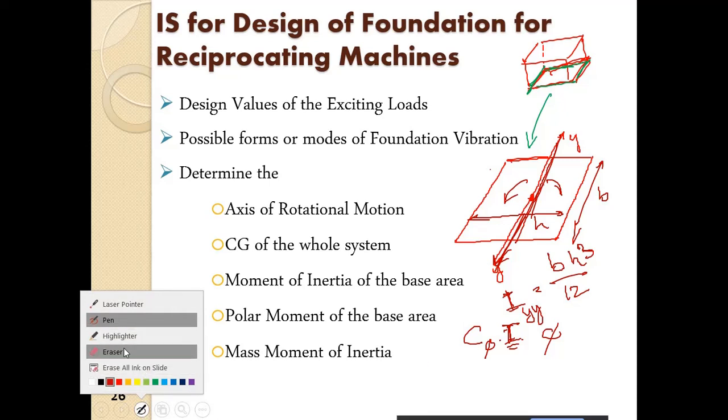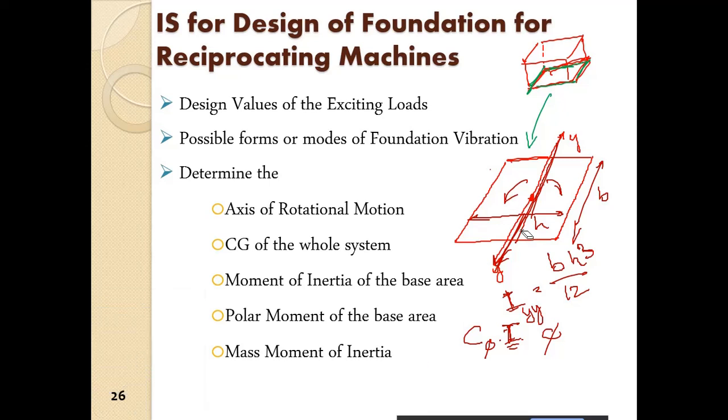Apart from that, we have to determine the polar moment of inertia about the CG, about the z-axis. If there is a z-axis passing through the CG, and there is rotation about the z-axis, that is required when there is non-uniform shear.